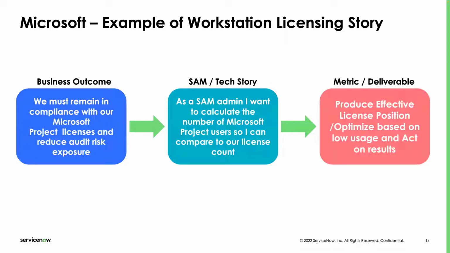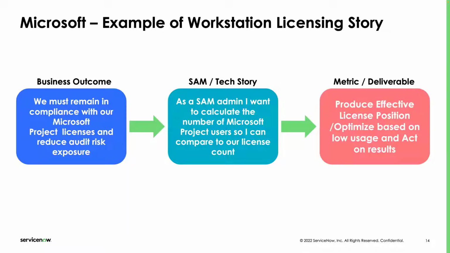Okay, that's the goal. What do you try to achieve within SAM itself? So what's the tech side of things? Okay, so as a SAM admin, I need to calculate the number of users that I have for Microsoft Project and then compare that to my license count. So effectively, I'm comparing entitlements to installations. And if I do that properly, what I'm able to present to the business is a deliverable.